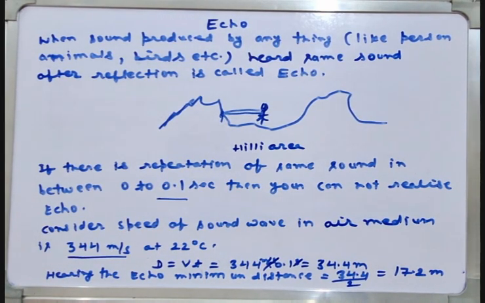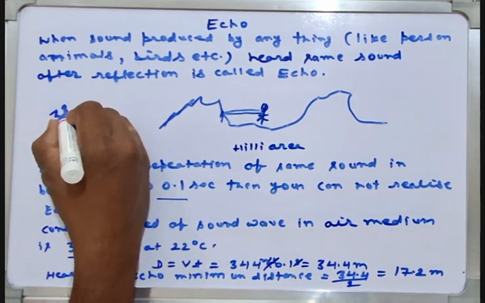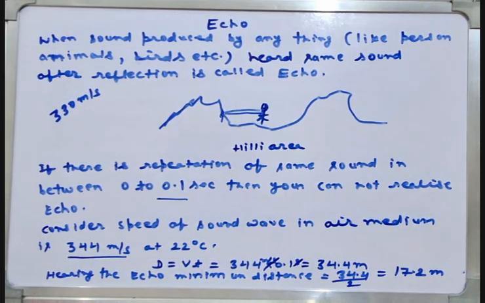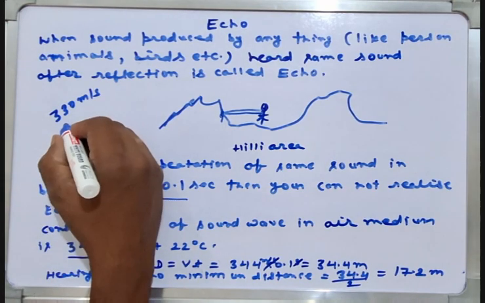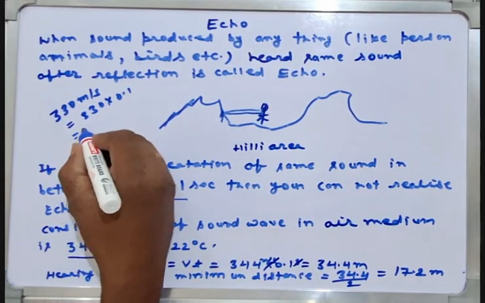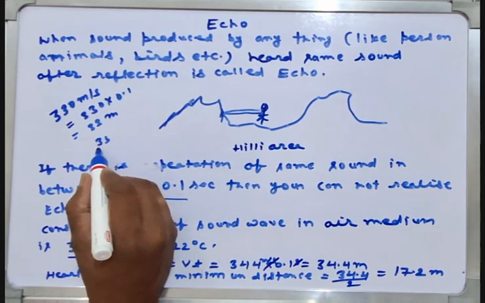Okay guys, one thing you remember, in a question the temperature is not always given. Suppose like this, the speed of sound wave in the medium is given. Now what will be the minimum distance so you can hear the echo? So you just multiply by 0.1 second, this comes to 33 meter, then make it half.